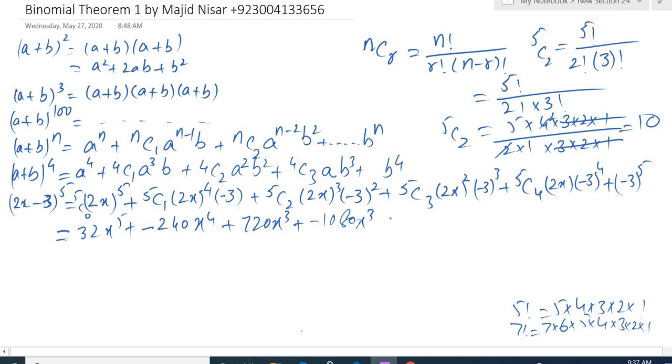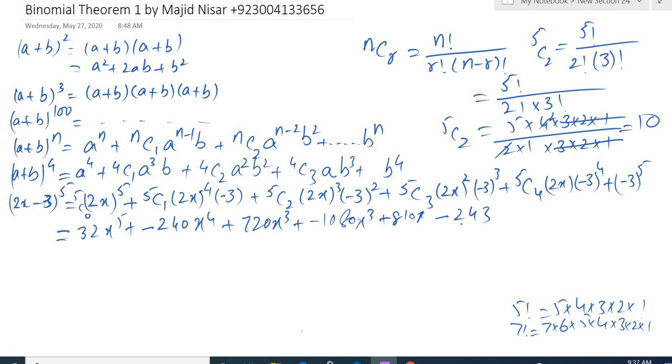So it will be 810x, and 3 raised to power 5 is 243. So this is the simplest form by using the binomial theorem.